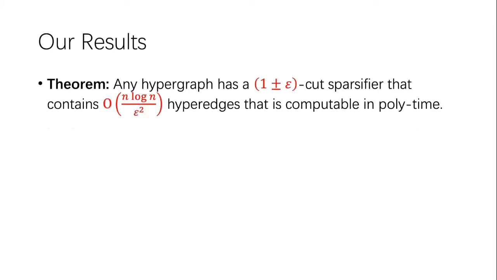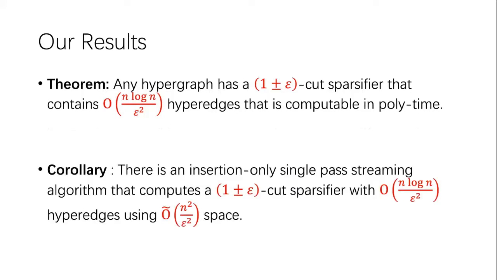In this work, we prove that any hypergraph has a 1 plus or minus epsilon cut sparsifier that contains only n log n over epsilon squared hyperedges, and it is also computable in polynomial time. Note that it matches the result of Benczur-Karger for standard graphs. Moreover, our algorithm can be converted into a streaming algorithm.